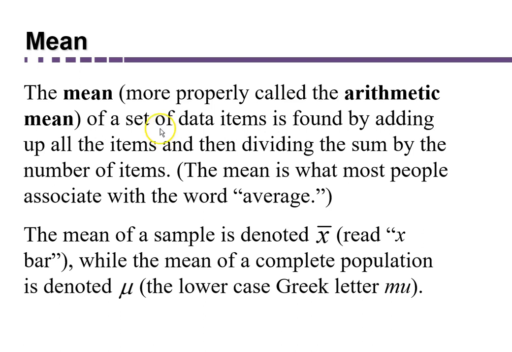Now, in the math world, we show the average using this symbol, an X with a bar on it, X bar. Now, that would be of a sample, but if you had the whole population, the mean of that population, they use a special Greek letter, mu, which is sort of a funny shaped U, as we see here.